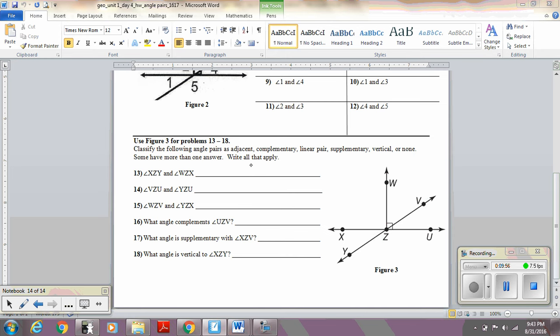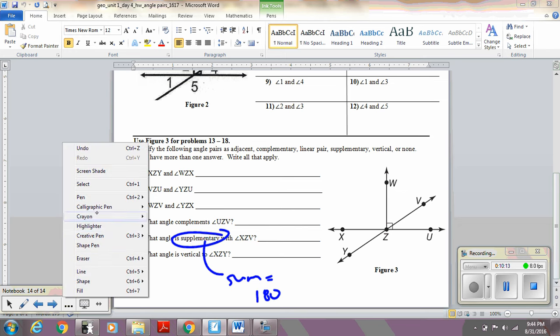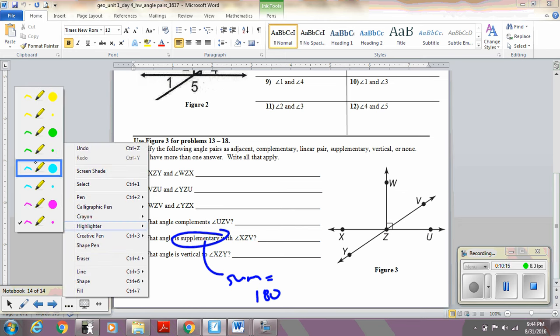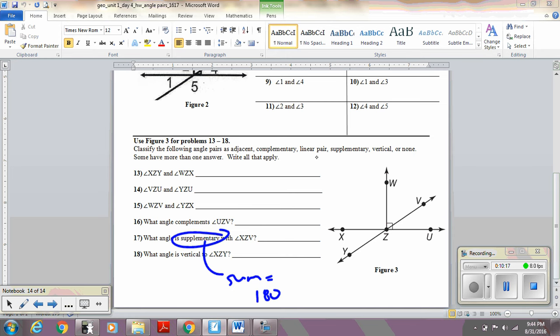Number 17 says, what angle is supplementary with angle XZV? You have to remember what supplementary means, and that means the sum should equal 180. Let's highlight the provided angle first, which is angle XZV.